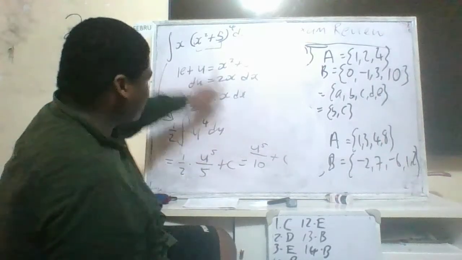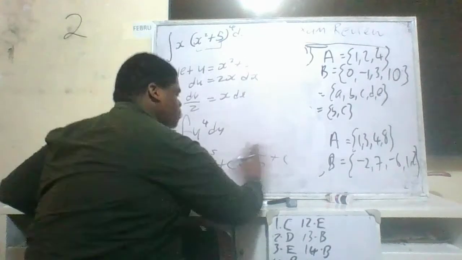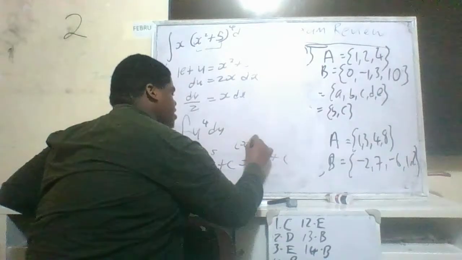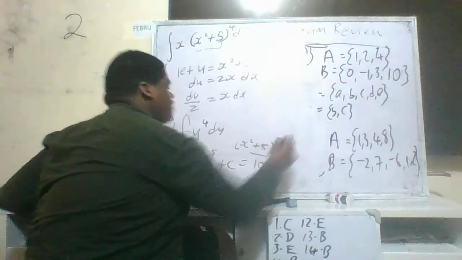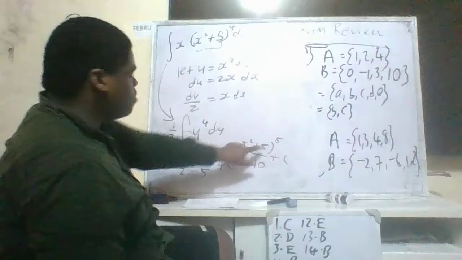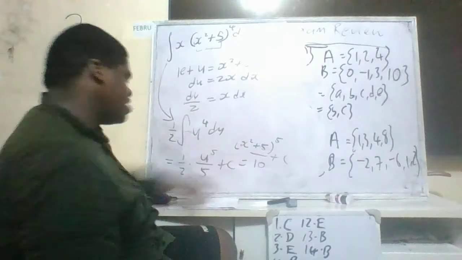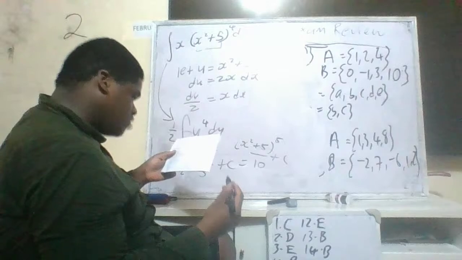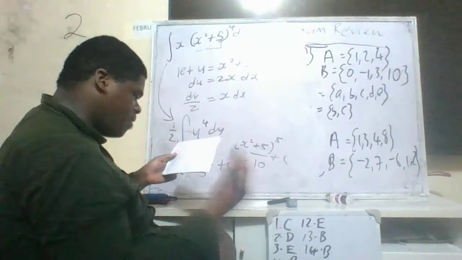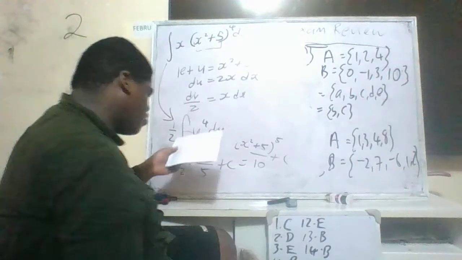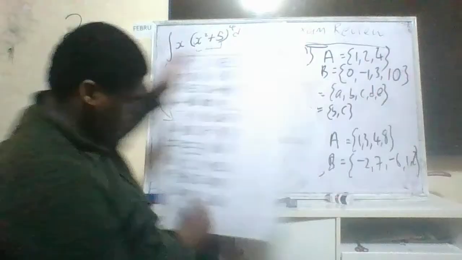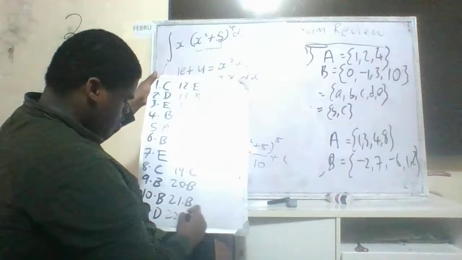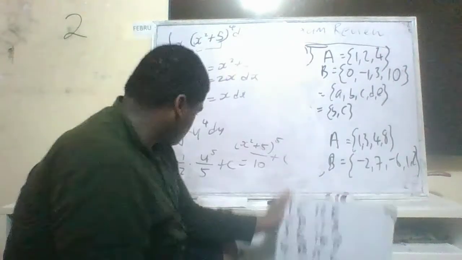U to the power of 5 is x squared plus 5 to the power of 5. So our final answer is x squared plus 5 to the power of 5 divided by 10 plus c. And that corresponds to option E. Question 22, we have option E.